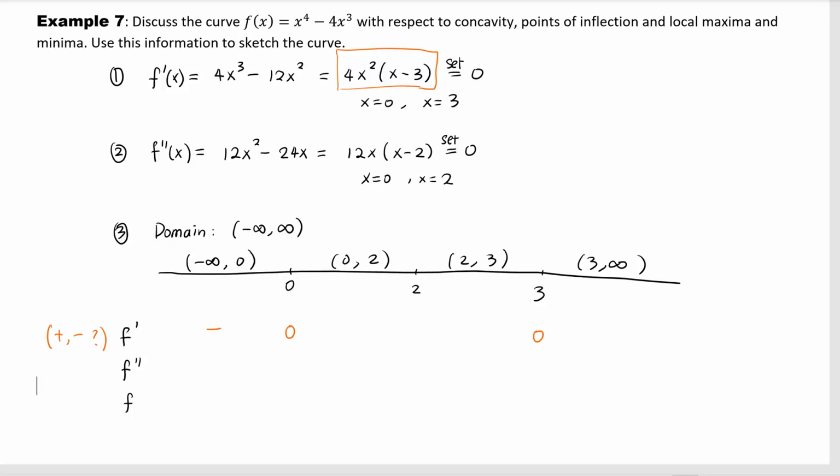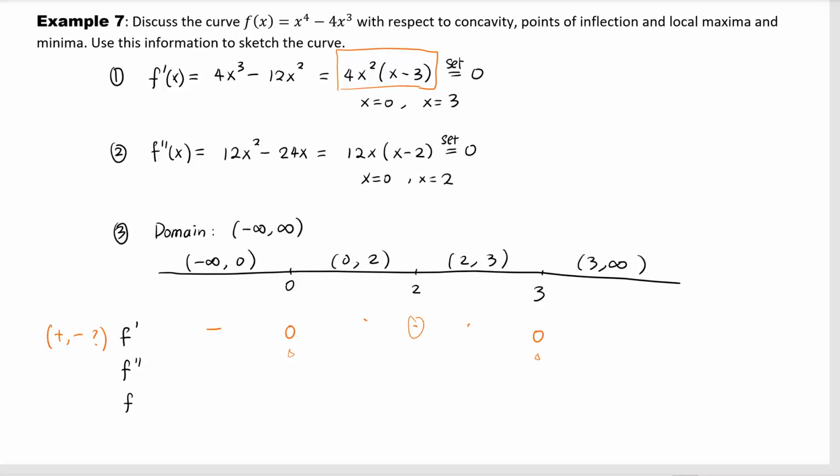Actually, you see here they have the same sign, which means you only need to pick one number in these 3 pieces. So we can pick 2. Why is that? Look at f prime: the critical points are 0 and 3.